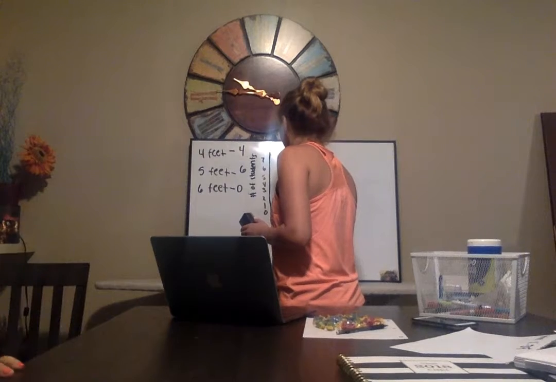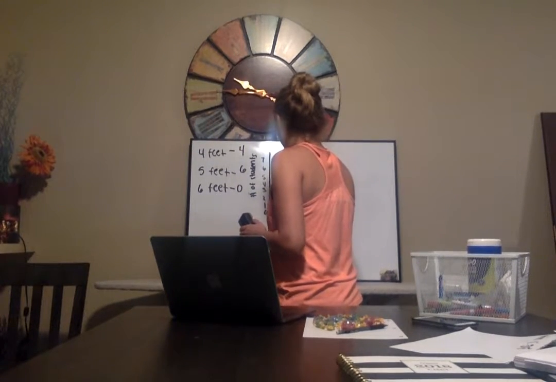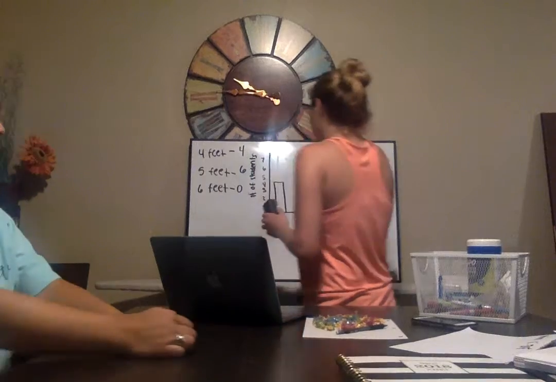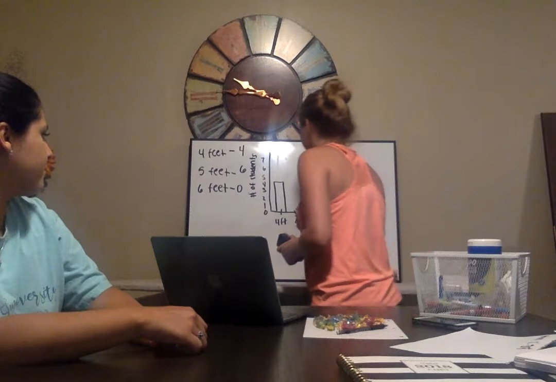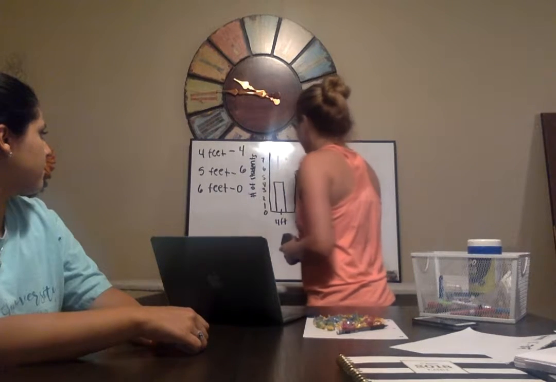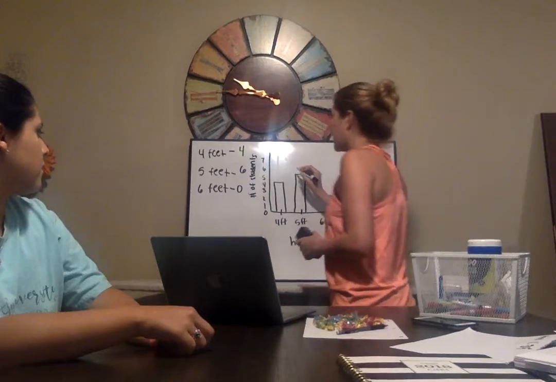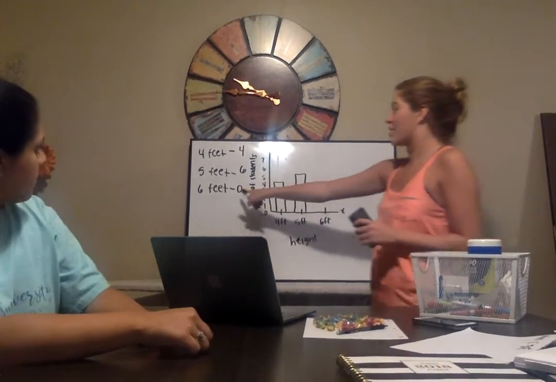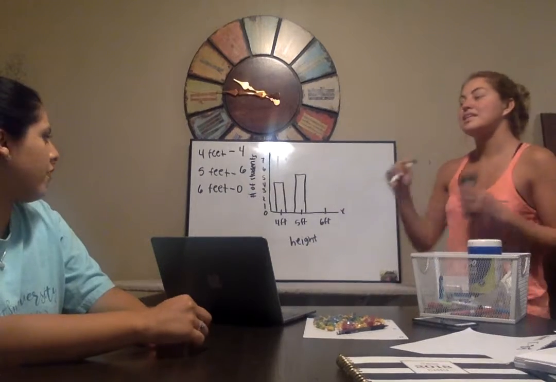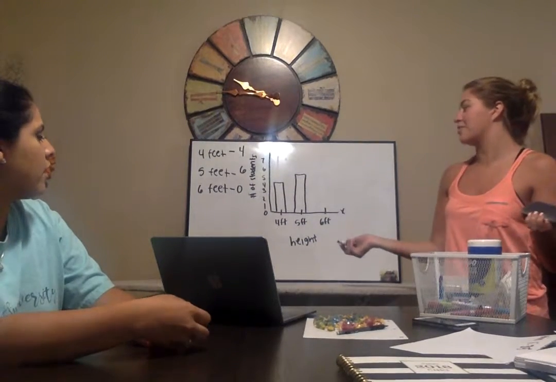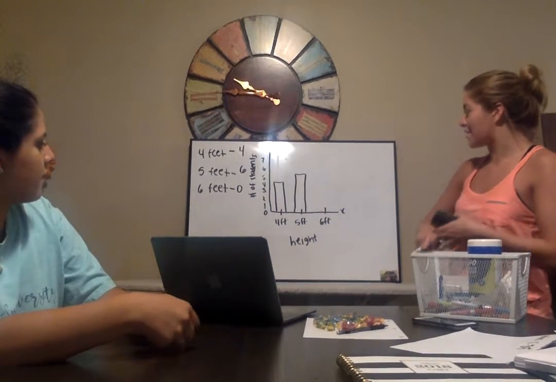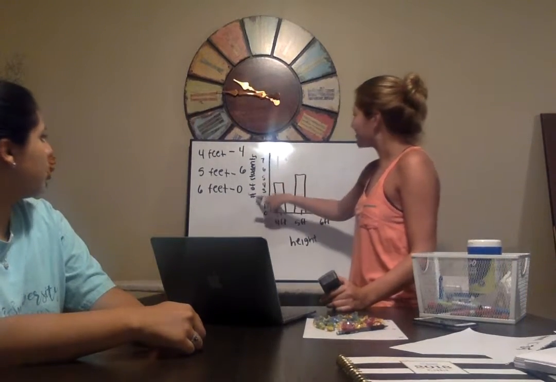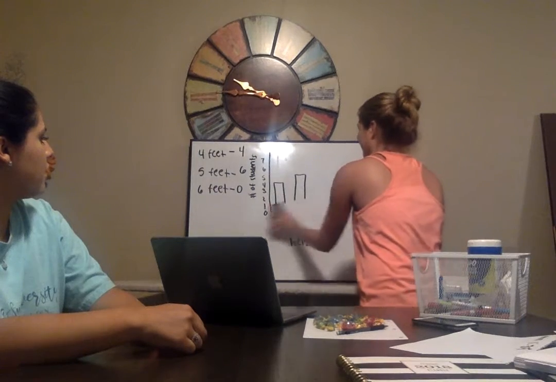Okay, so six students were 5 feet tall. So we'll hit 6 and won't go any higher than 6. So for 6 feet, it is 0. So we don't have to draw that one because no students were 6 feet. So this is another example of a bar graph. We have our y and x axis.